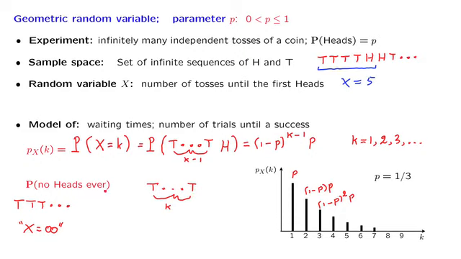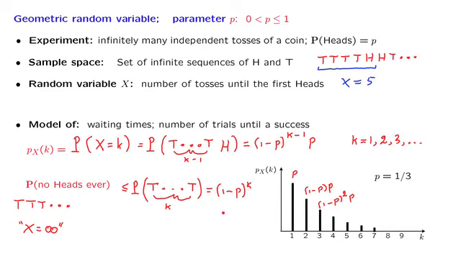So this event implies that event. This event is smaller than that event, so the probability of this event is less than or equal to the probability of that second event, and the probability of that second event is (1 minus p) to the k.